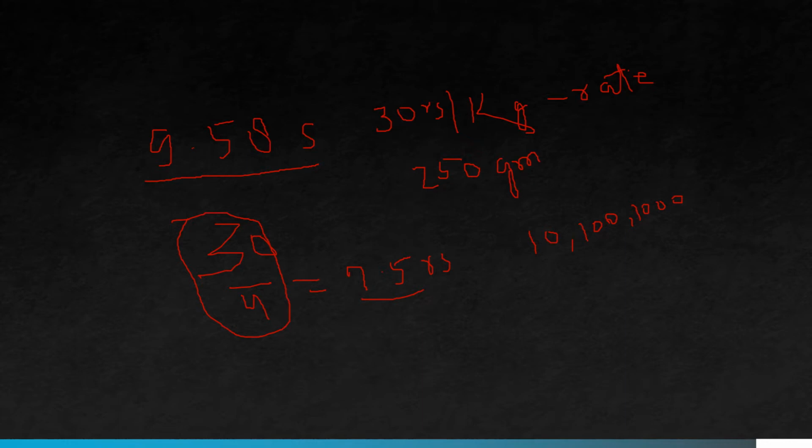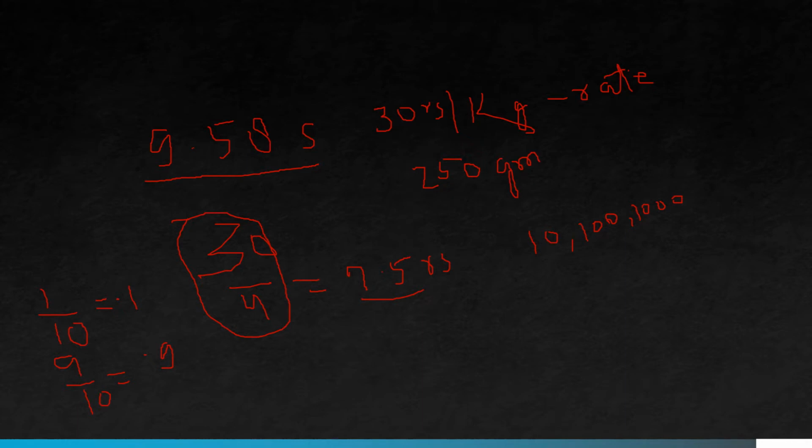Okay, for an example, let's say if I write 1 upon 10. So 1 upon 10 is an example of the decimal fraction. So what will be the value for this? 0.1. Similarly, if I write, let's say 9 upon 10, what will be the value of this decimal fraction? It is 0.9. So decimal fraction or simply decimal.